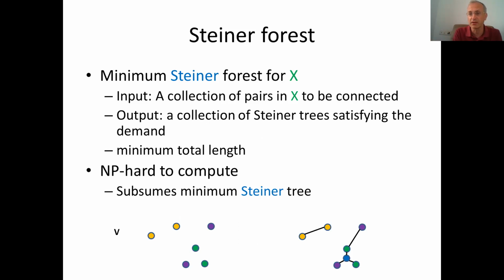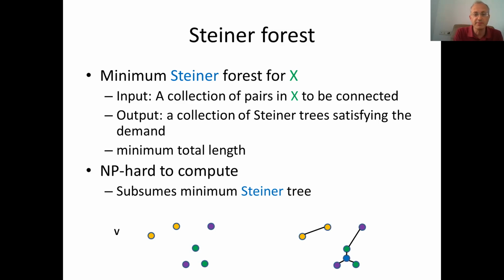So that means that entire sets of points need to be connected. The output is a collection of Steiner trees that satisfies the demands. And here we have two Steiner trees. One connects the orange points, and another one connects both the purple points and the green points. We want to, of course, minimize the total length of the Steiner trees.